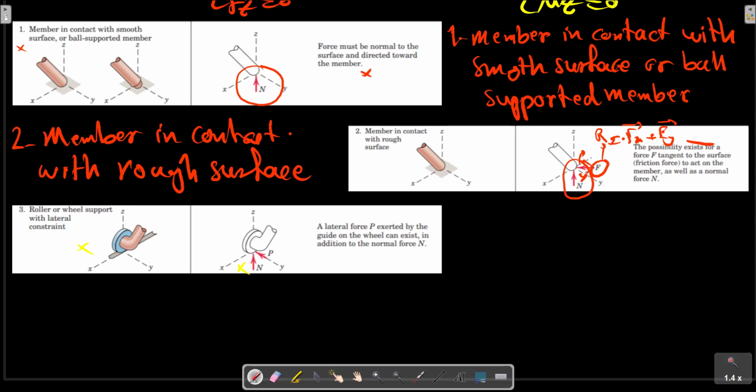There is no constraint in the x direction because it can freely move in the x direction. So we have two components, P and N.